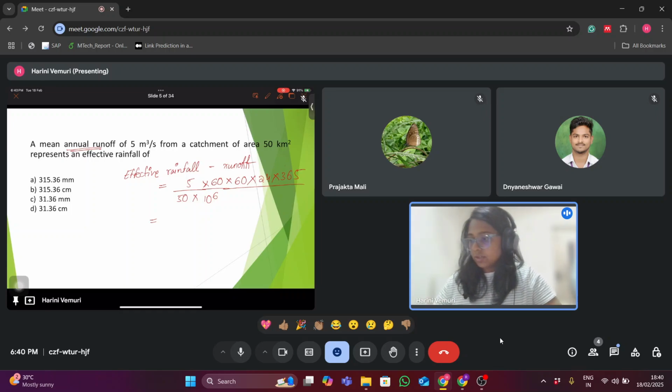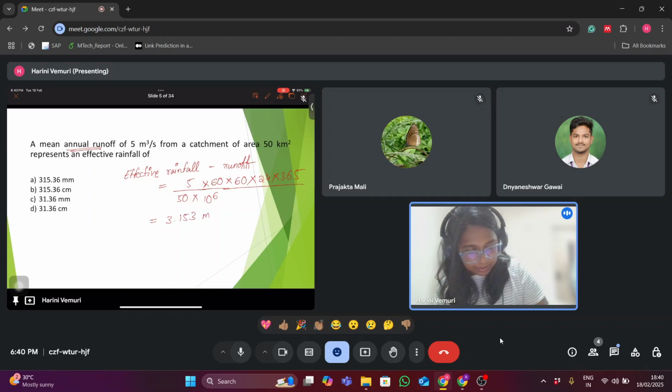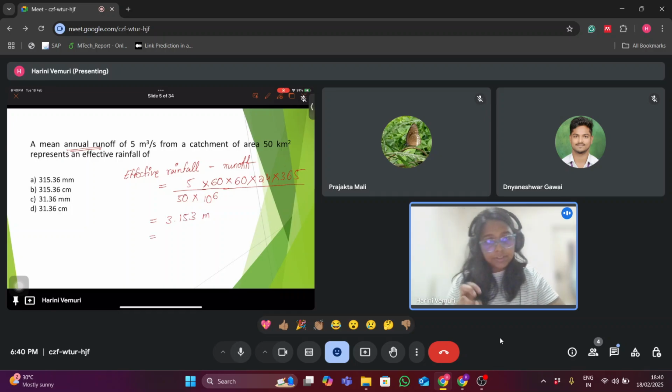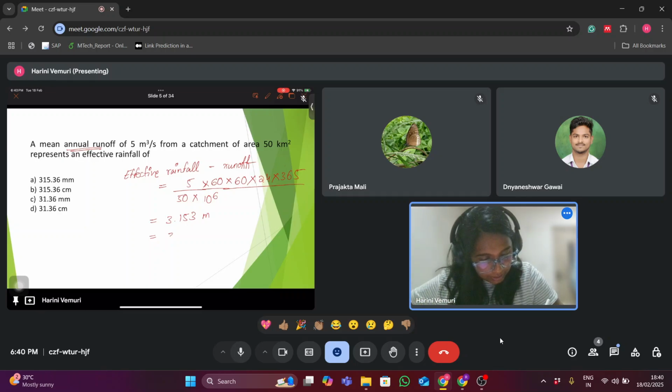So, by using calculator, the answer is 3.153 meters. They are asking for the units to be in mm or centimeter. So, into 100, 315.3 centimeters.